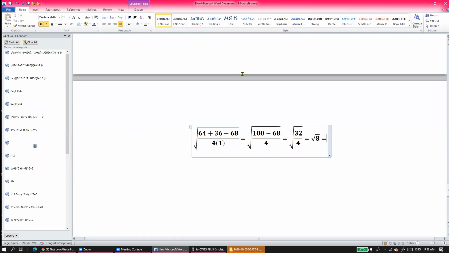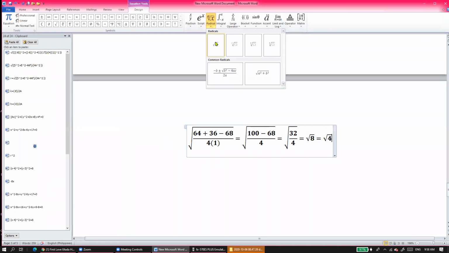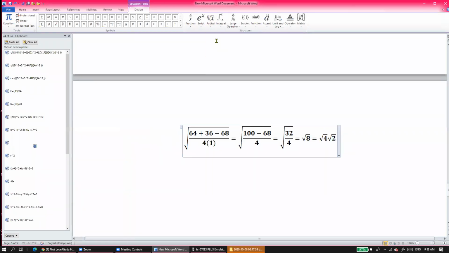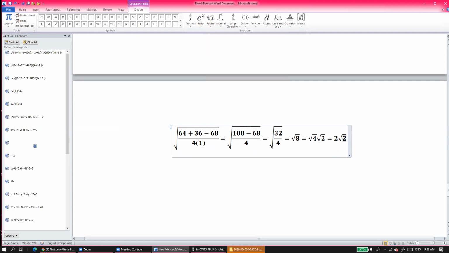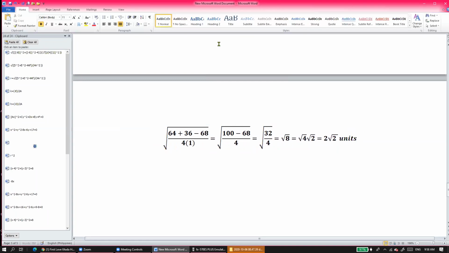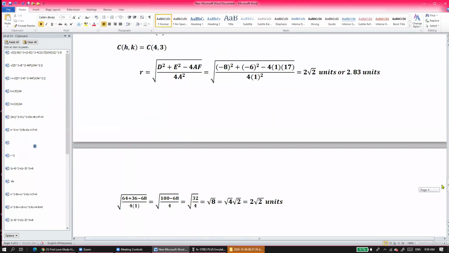Square root of 4. Square root of 8 is also square root of 4 times square root of 2. And this is equal to 2 square root of 2 units. Kahit walang calcu, kaya pa rin.